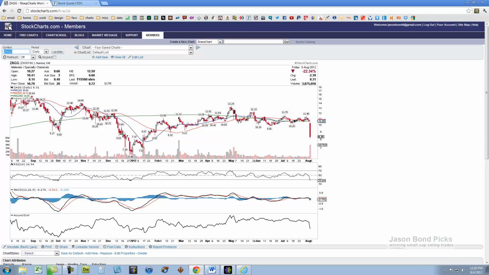You will understand that short sellers bet against these companies and ride them down and make money on the descent, but they have to buy back. At some point in time, they have to buy back. And the simple supply and demand tells us that if there's more demand than there is supply, the price will go up. So if you have people like me who are looking to buy the bottom, and you have short sellers who make money on the descent but have to buy back, all right?